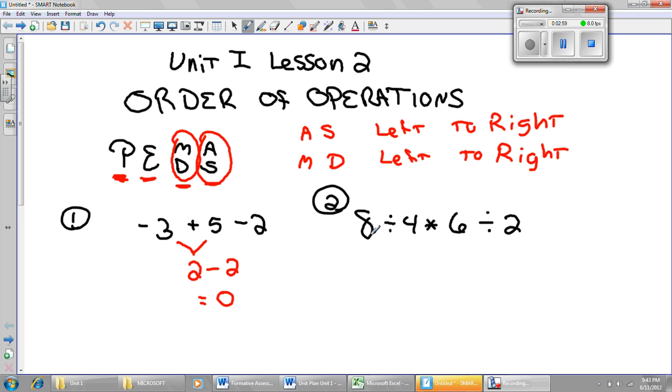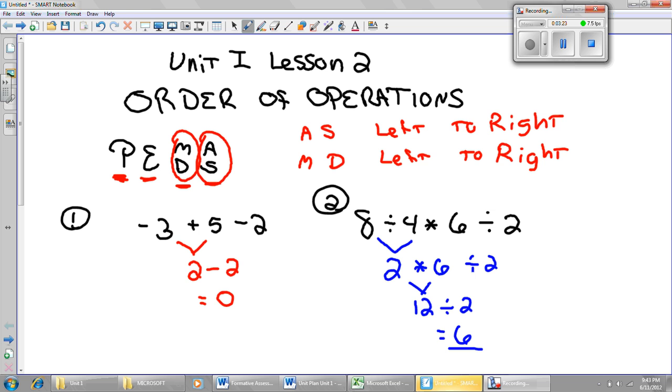All right, example 2. I have division, multiplication, and then division again. Well, I'm going to go left to right. So I'm going to do 8 divided by 4 and get 2. Then I'm going to multiply that by 6, and I'm going to get 12. And then I'm going to divide that answer by 2, and that's going to equal 6 for my final answer.